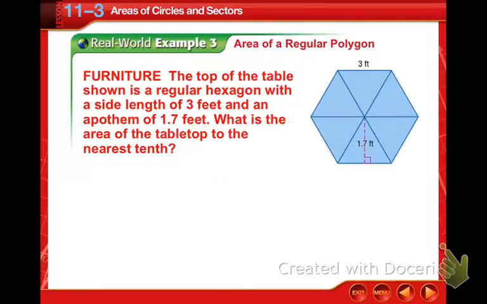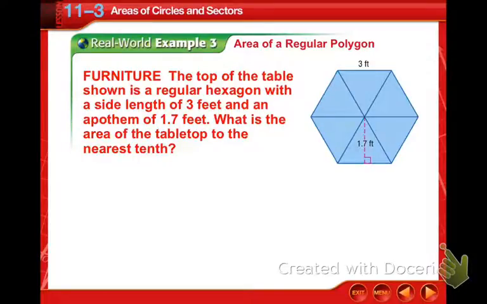So now this next one is a bit more complicated. We're given that this is a regular hexagon. Side length is 3. The nice thing here is that a hexagon splits into 6 equilateral triangles.